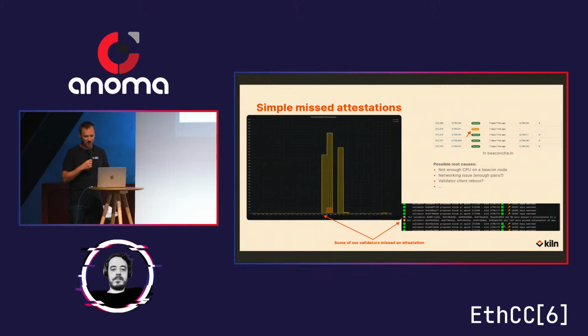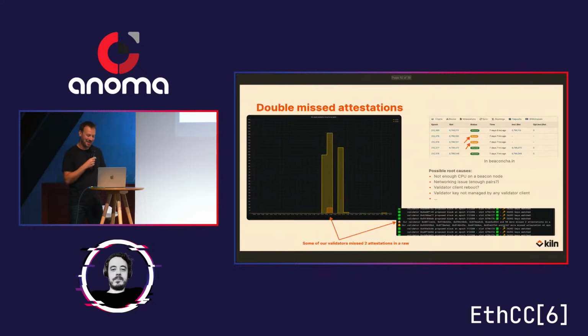And it's okay to miss one attestation. It's less okay to miss two attestations in a row. And so it's the same here. You have the orange curve. And the tool indicates to you when you miss two attestations in a row, and it tells you in real time. So you can be alerted, and if you have an on-call guy, and if it is 2 o'clock in the morning, the on-call guy can be alerted.